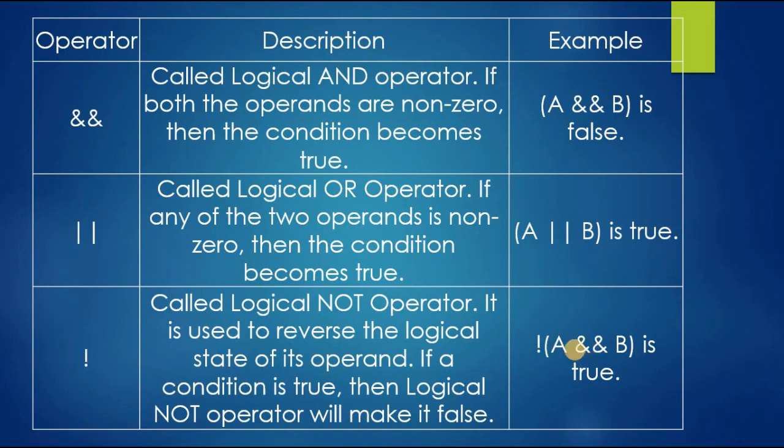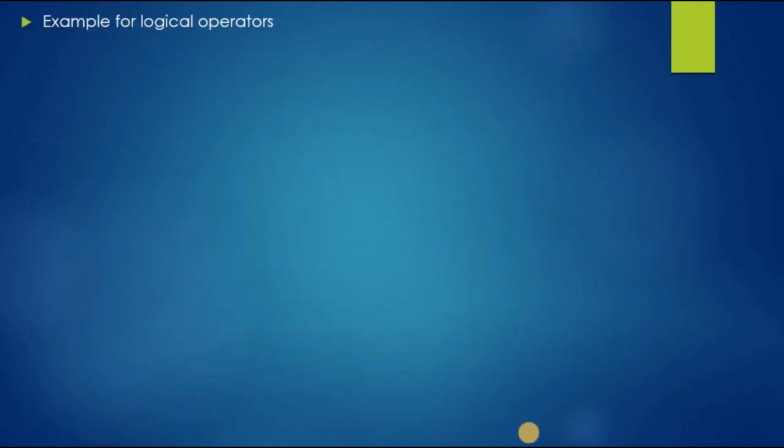Then the NOT operator converts the result, so the result will be true according to the rule of the NOT operator. This is how the logical operators work in C.